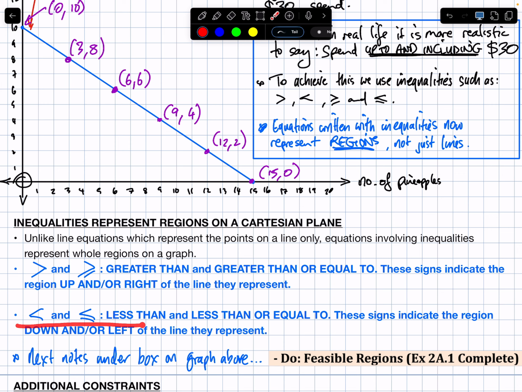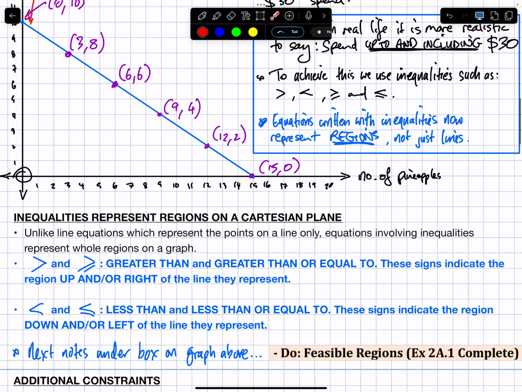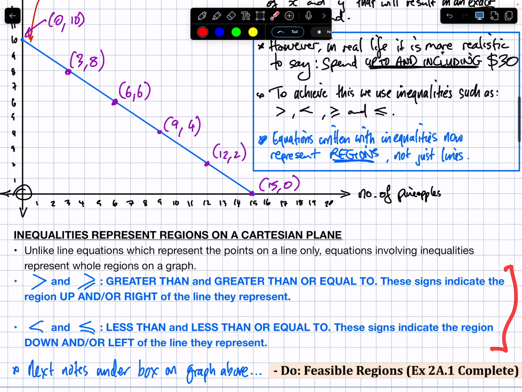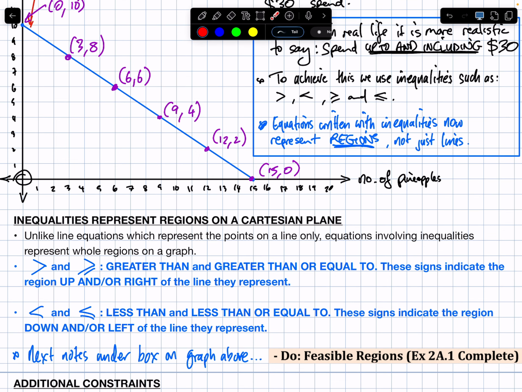And these signs here, less than or equal to, means that you're colouring in left or down and left of the line that they represent. Couple of minutes for those two, and then I need to scroll back up and ask you a couple of questions about that graph. You'll work on the exercises for, let's say, 40 minutes.